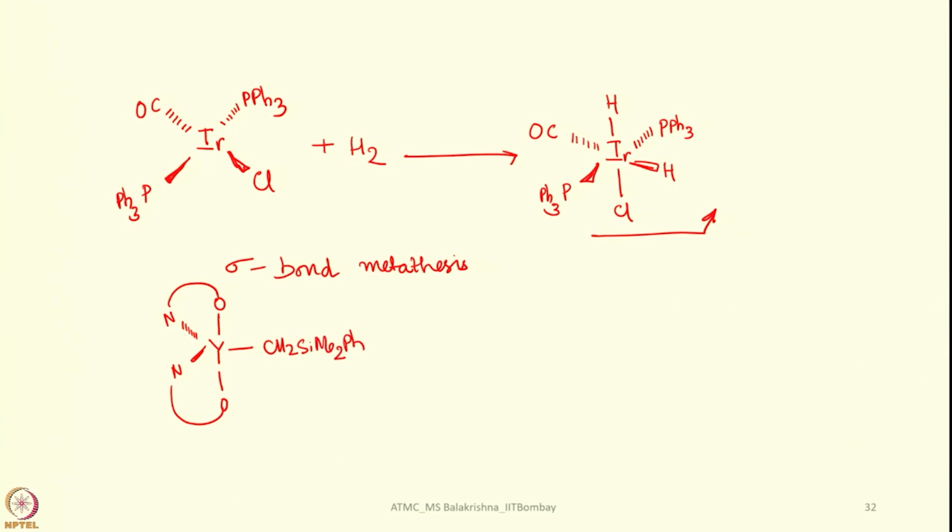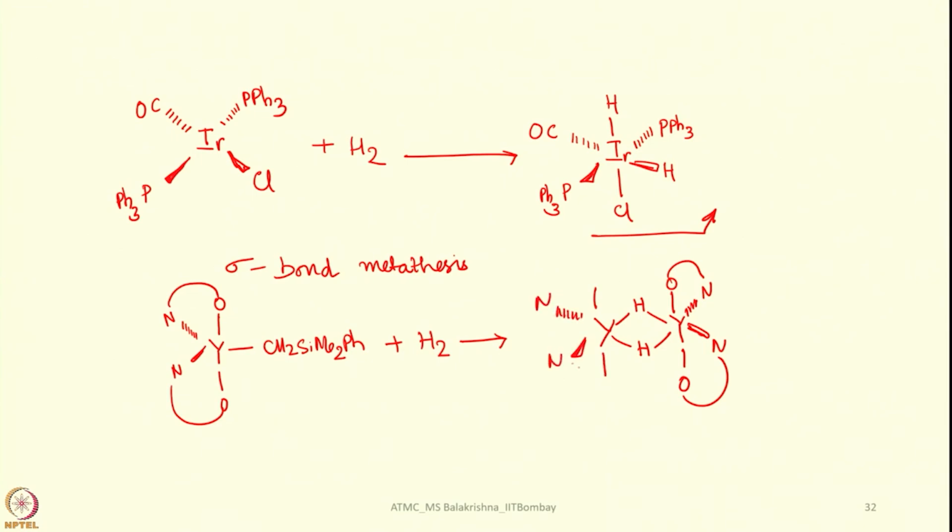So, dimethyl phenyl methylsilane, when you add H2 to this, it forms a dimeric compound having 2 bridging hydrogen bonds. A symmetric molecule of this type is formed.